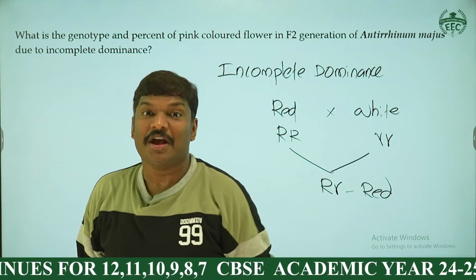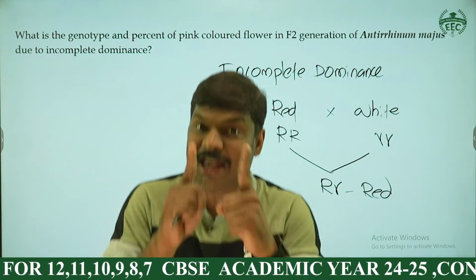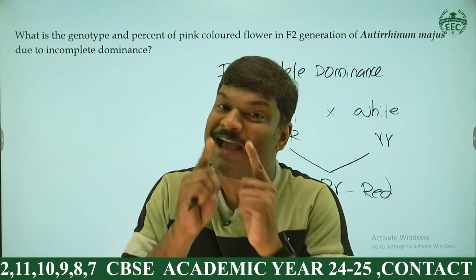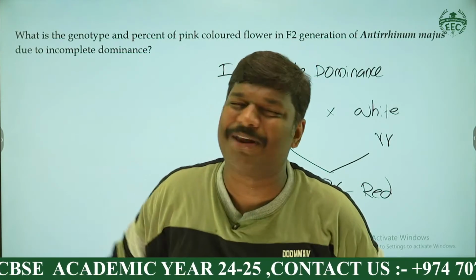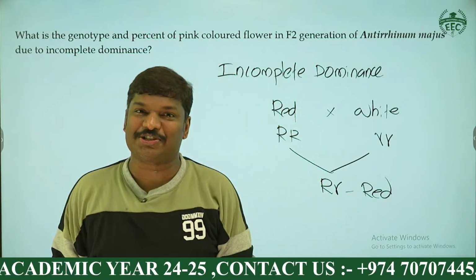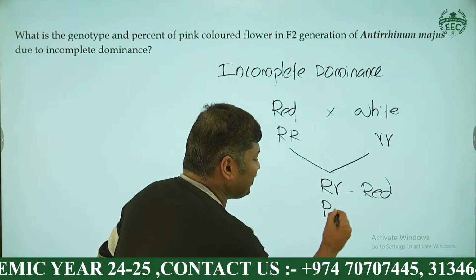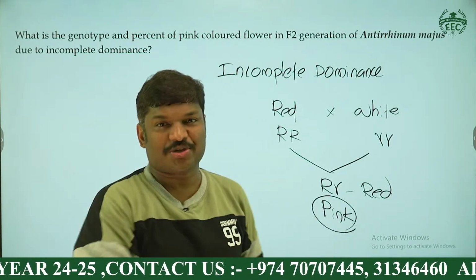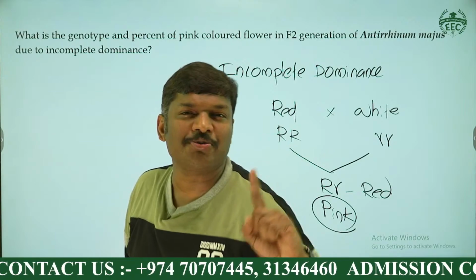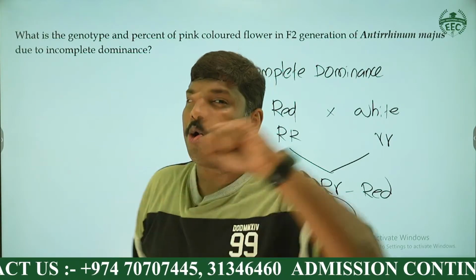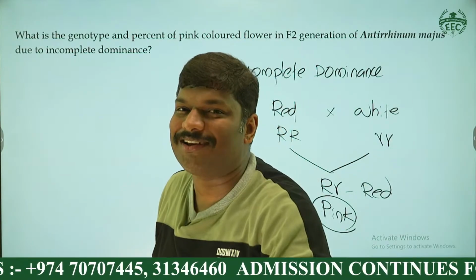But here, my dear students, capital R cannot completely dominate over small r. So which color will be produced? Pink color is produced. According to Mendel, it would be either red or white, only parental types in a monohybrid cross.